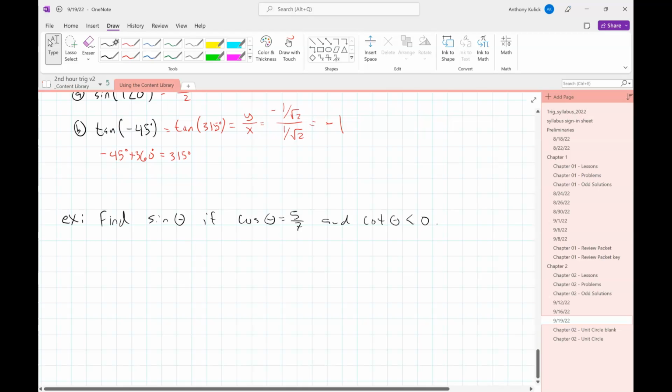All right. It says find sine theta if cosine theta is 5 over 7 and cotangent theta is negative. So the first order of business on a problem like this is I need to figure out in which quadrant theta lies.